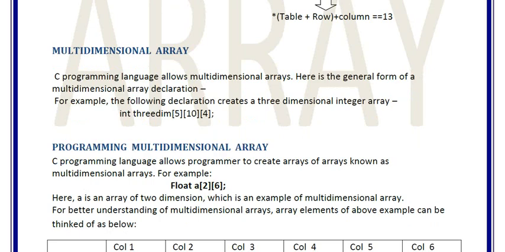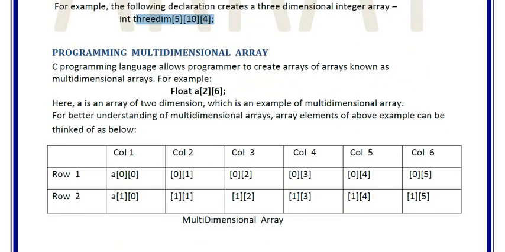Now, multidimensional arrays. There can be 3 dimensions in arrays: one for x, y, and z. Those are called multidimensional arrays. In programming with multidimensional arrays, the rows and columns are divided like this table.